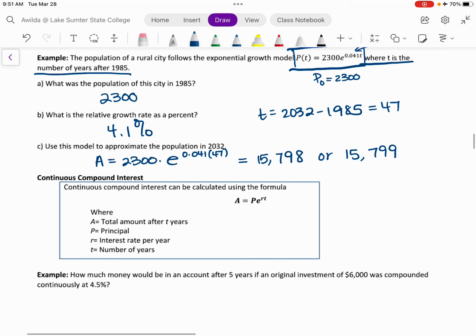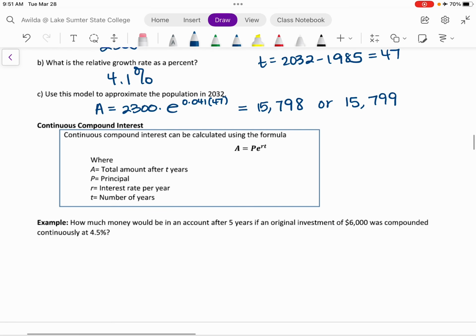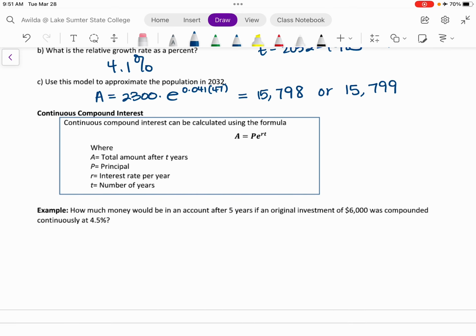Finally, we have an application back to financials for continuously compounded interest. The formula that we saw previously was for compounding interest a fixed number of times per year, so n times per year. But what if n was allowed to grow without bound? So we're compounding not quarterly, not monthly, not weekly, not daily, not even every minute, but just continuously. The growth will be much more quickly.